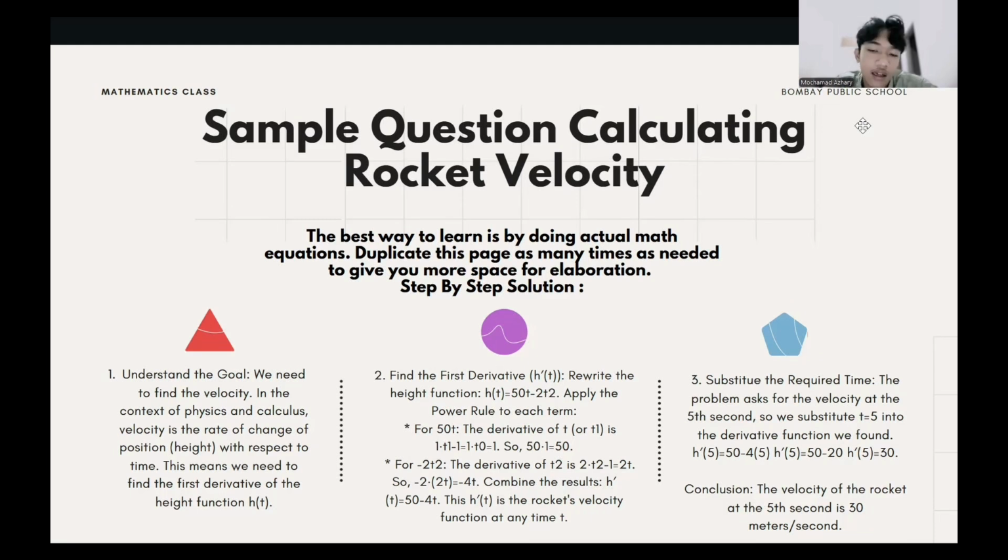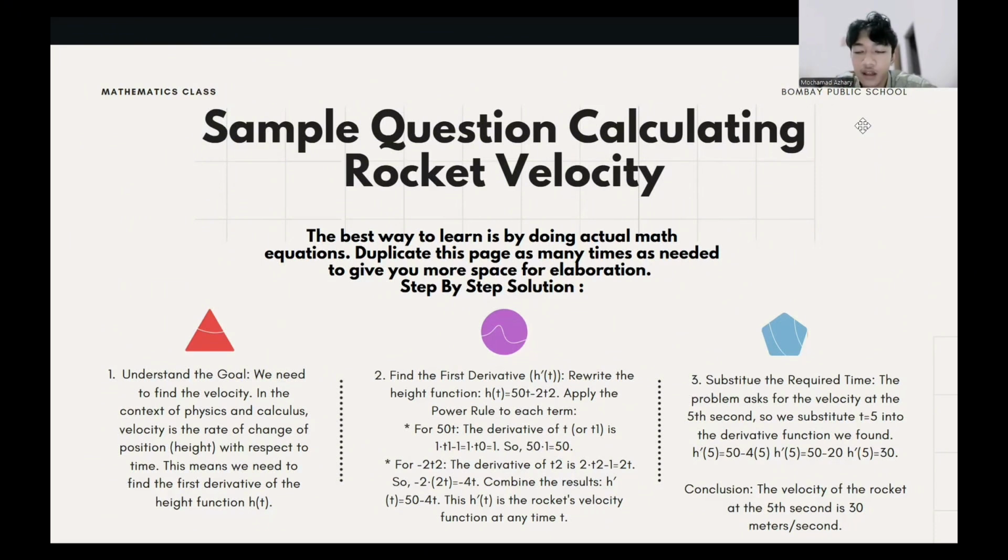This h prime is the rocket velocity function at any time. Last, substituting the required time: the problem asks for the velocity at 5 seconds, so t equals 5 into the derivative function.